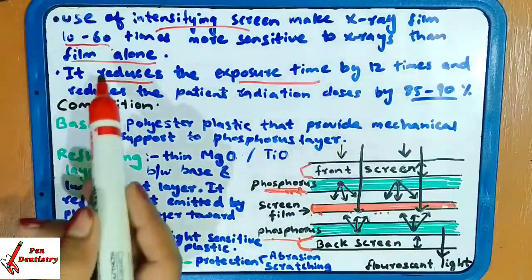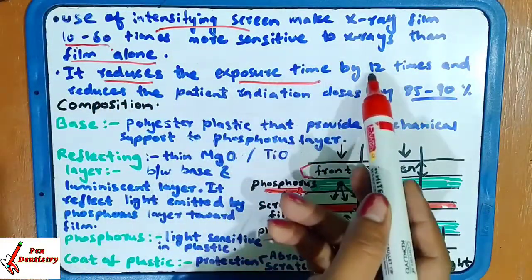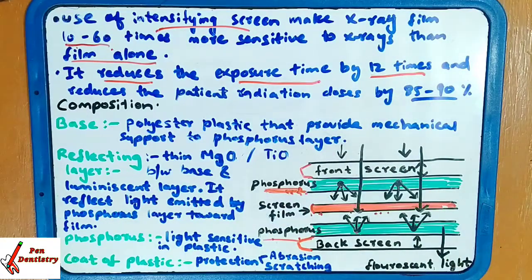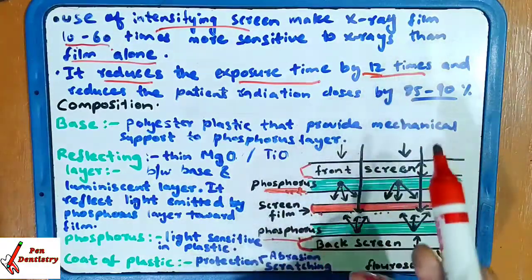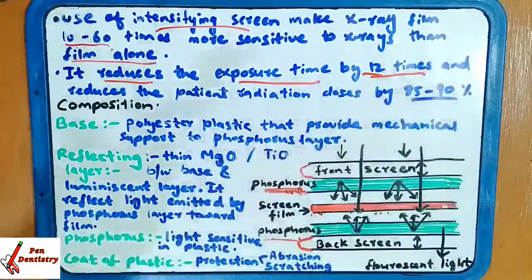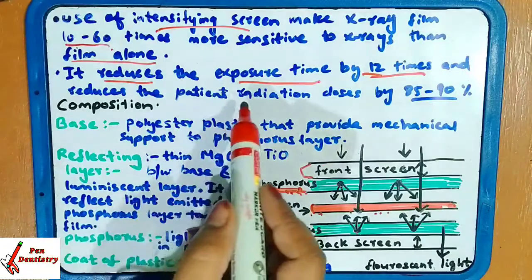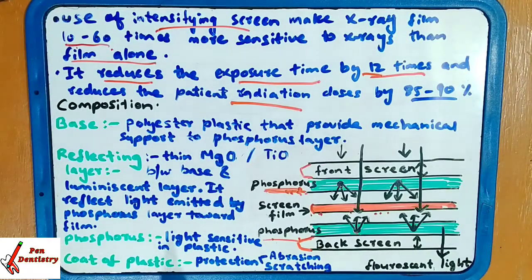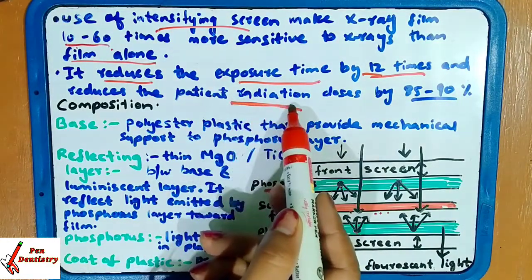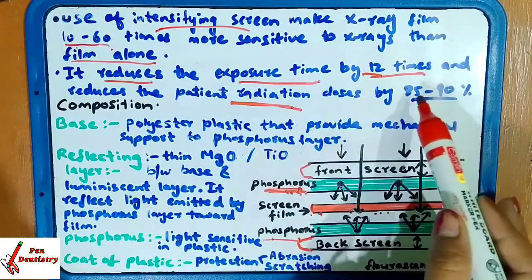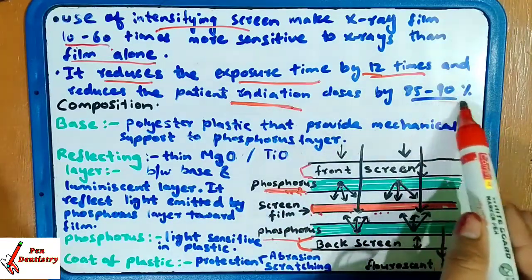It reduces the exposure time 12 times and reduces the patient radiation. Not only does it reduce the time, but the patient radiation dose is also reduced by 85 to 90%.